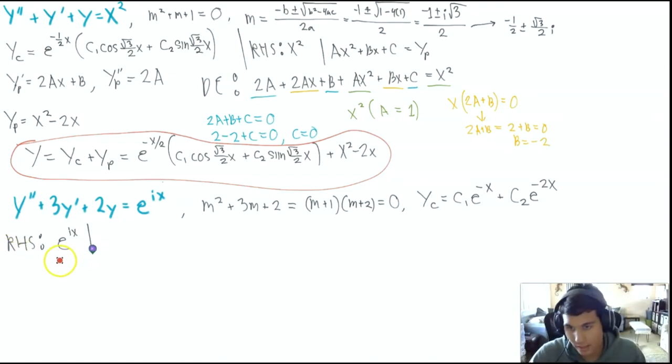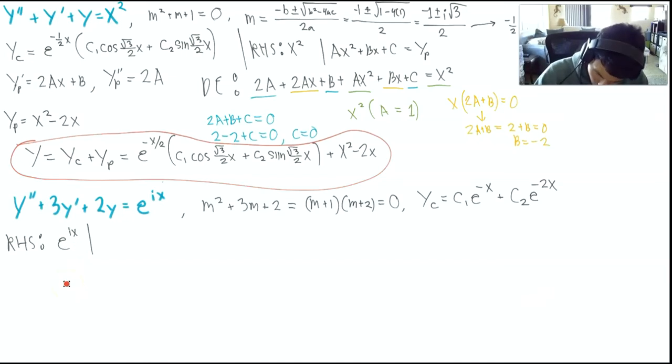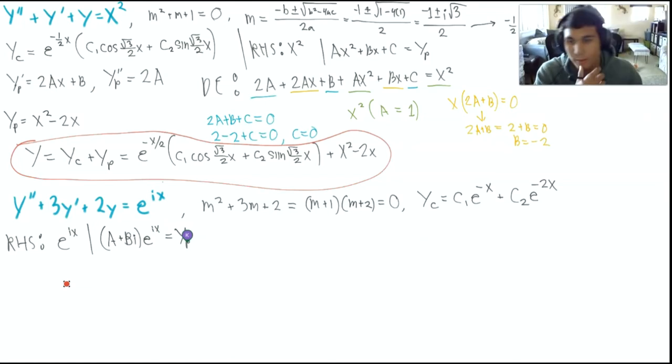Okay, well this is an exponential. So how could we resemble an exponential? Maybe we resemble this as a plus bi times e to the ix, equal to yp. That's maybe how we could resemble this.